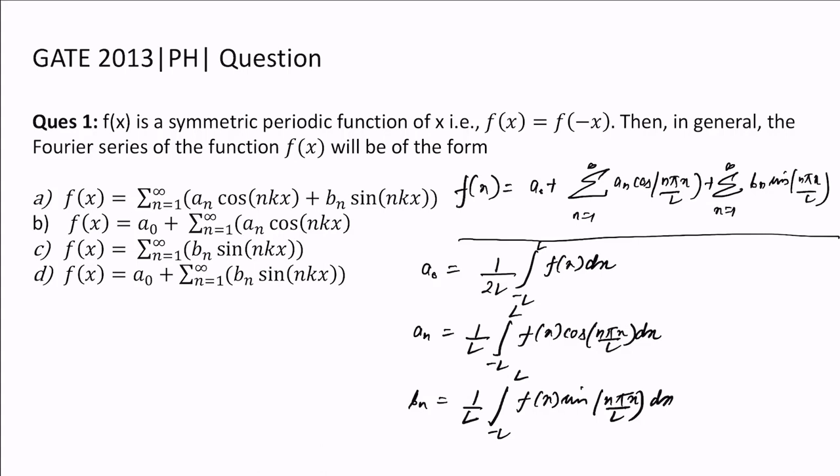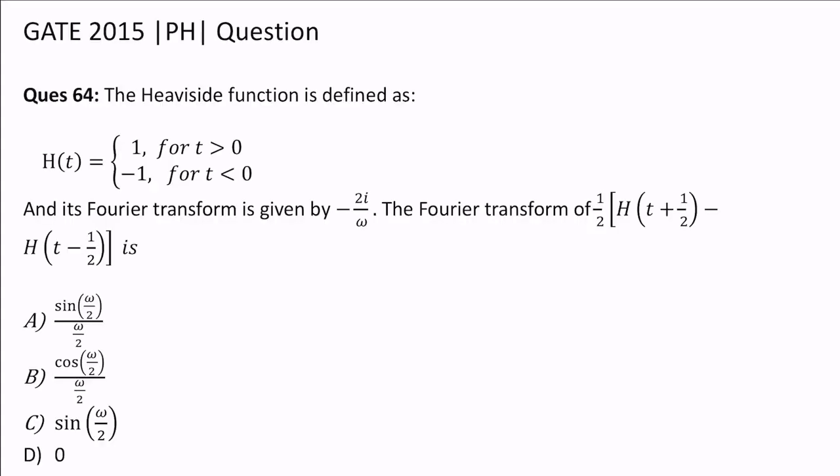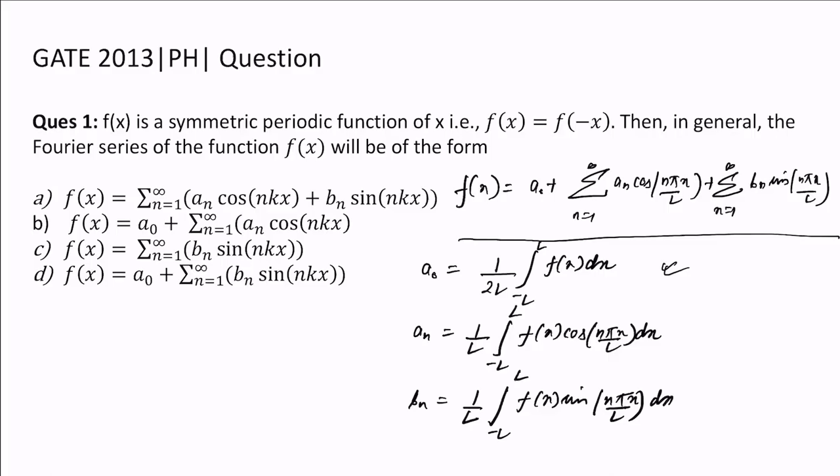Now if a function is periodic, then the first term will be there. Then let us look at the second term. For example, let us first calculate the first term. Even if we replace f(x) by f(-x) in a0, it will be the same.